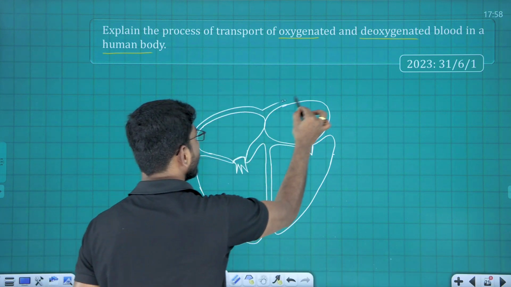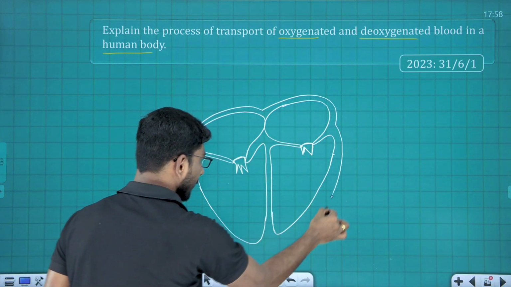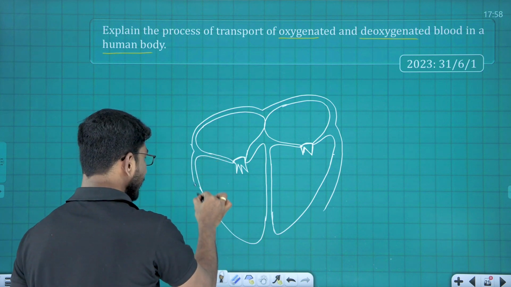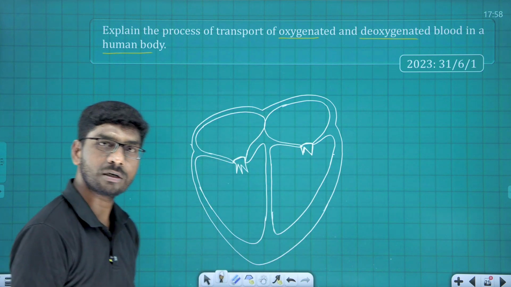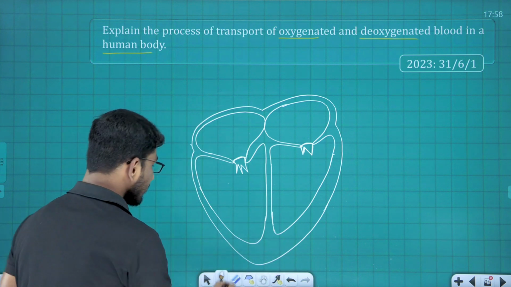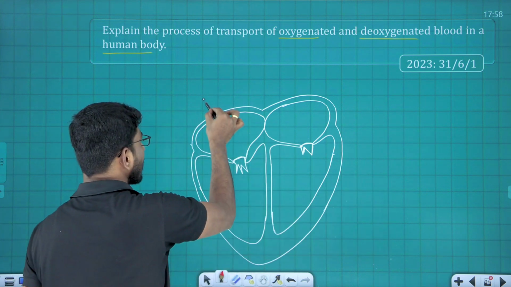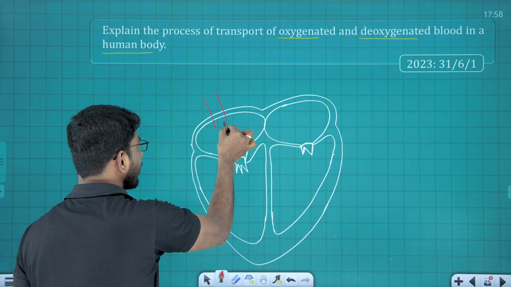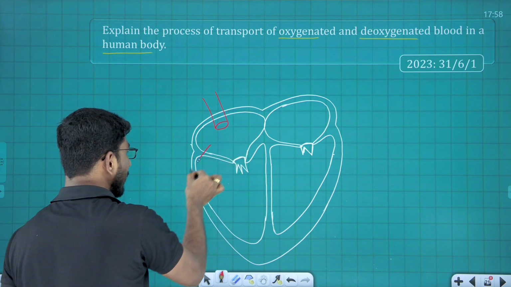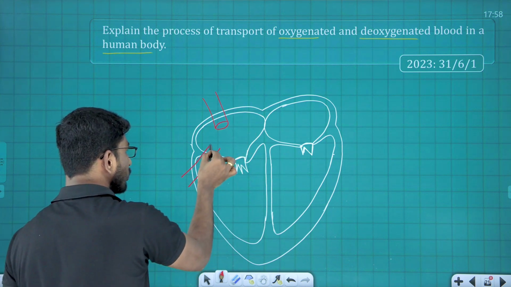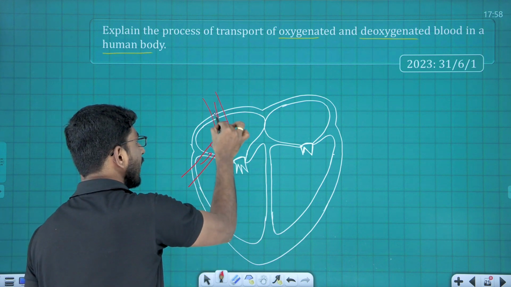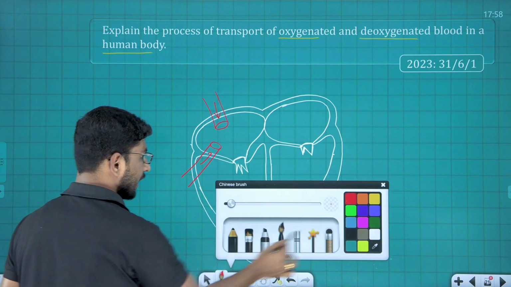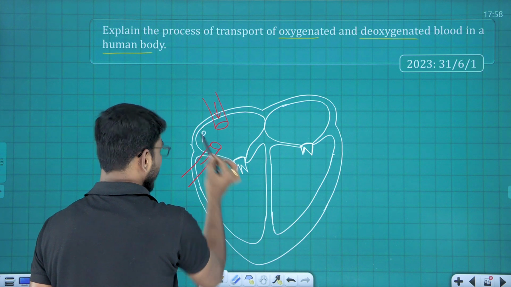This is a 5-mark question. Now I'm writing here pericardium. We know the left ventricle is thicker than the right ventricle. Correct? Now, on the right side, we know blood vessels coming from the upper part of the body bring deoxygenated blood, and from the lower part of the body also bring deoxygenated blood: the superior vena cava and inferior vena cava. These open into the right auricle. Here I'm writing RA.